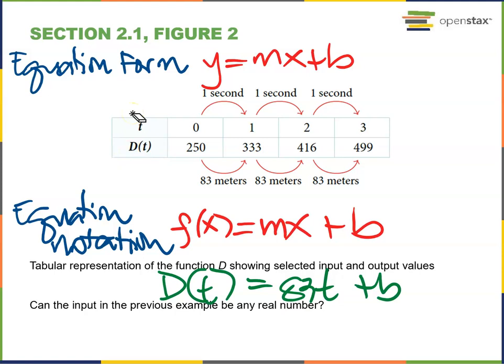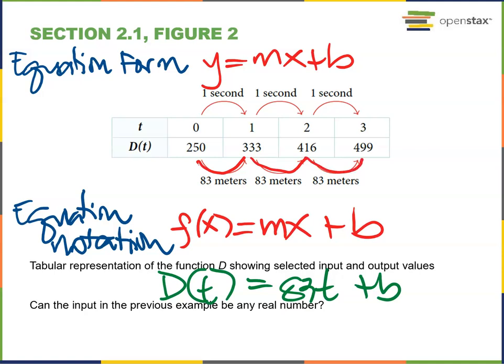Let's take a look at representing a linear function in tabular form. Look at this table. You can see the relationship here between the distance from the station and the time is represented. We can see that the distance changes by 83 meters. Look at this, from 252 to 333, from 333 to 416, from 416 to 499.